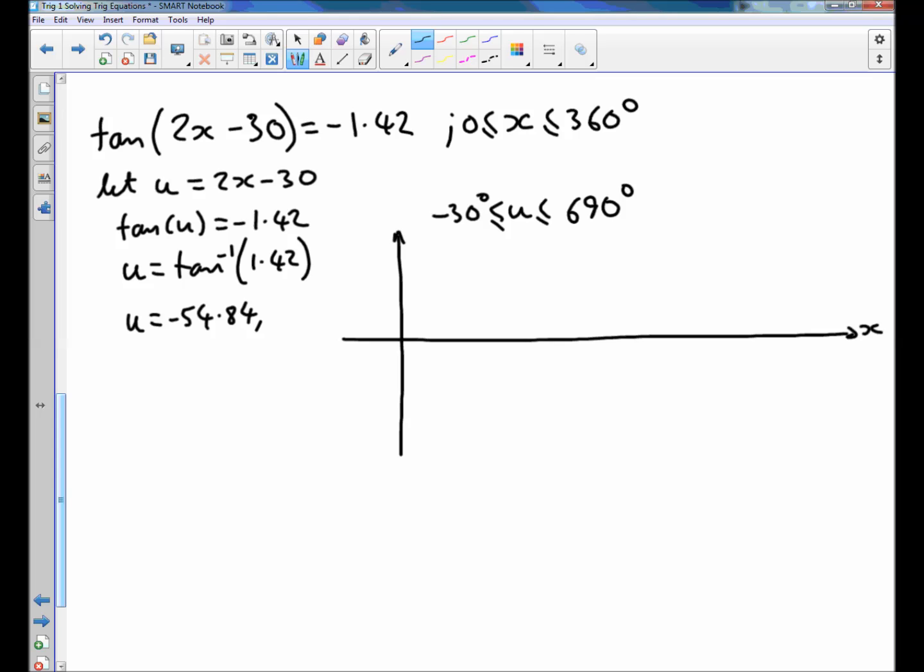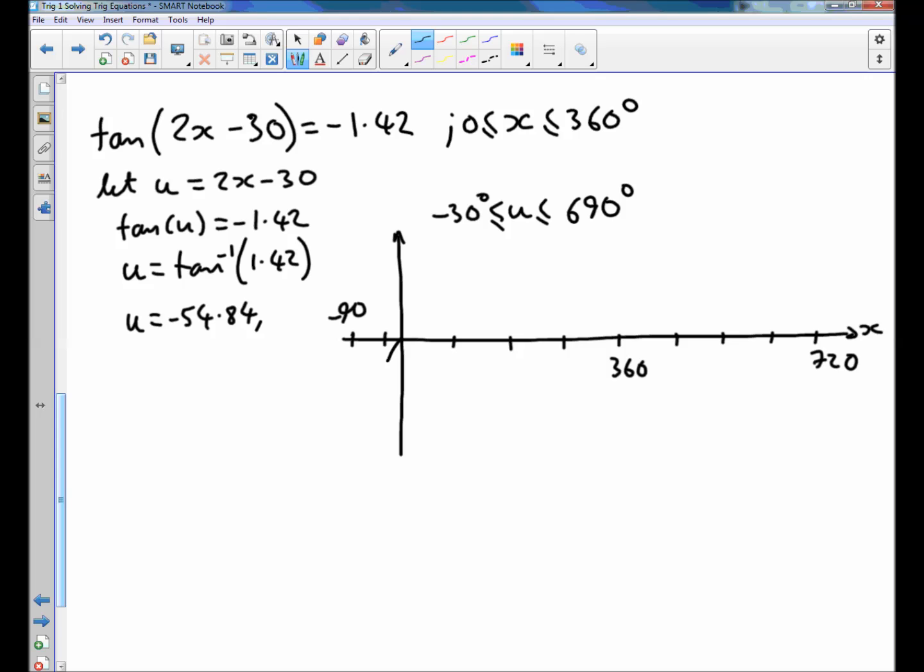Right, so 90, 180, 270, 360, 720. 360 minus 90, so that's going to get minus 30 there.